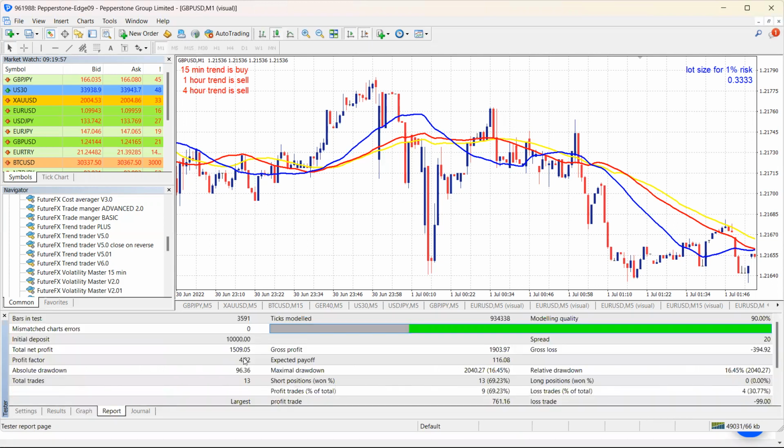So on the 5-minute, which was our biggest profit, we only had 13 trades and 4 of them were losses. Okay, so that's cool. So Euro US, not many losses. Pound US, quite a few losses, but both showed a marked improvement on the new version.